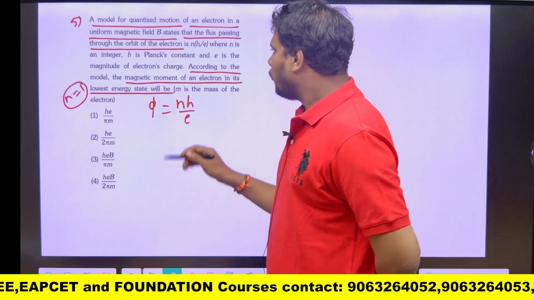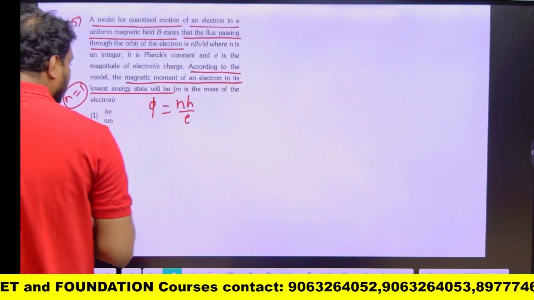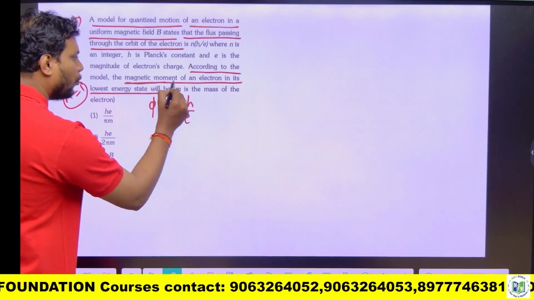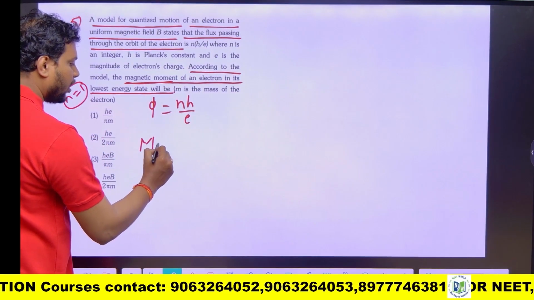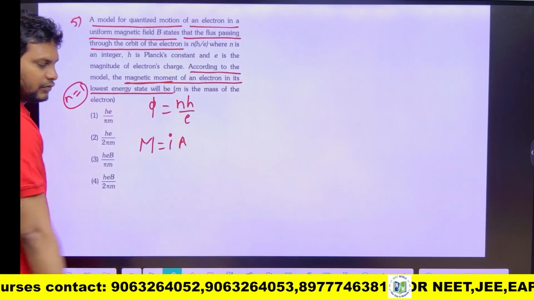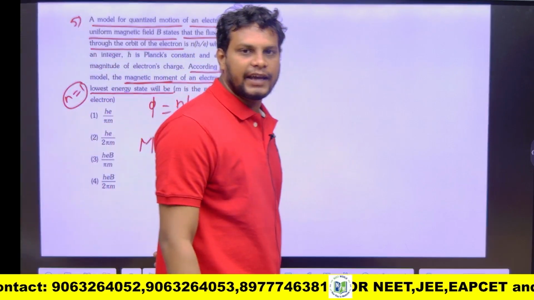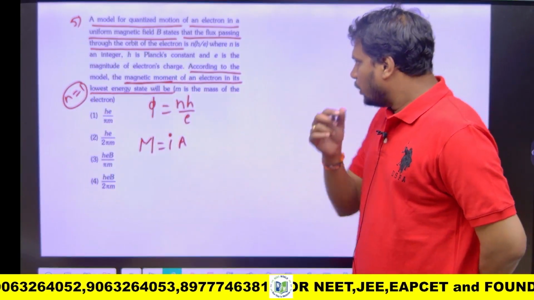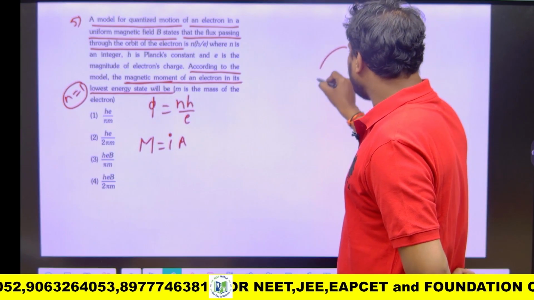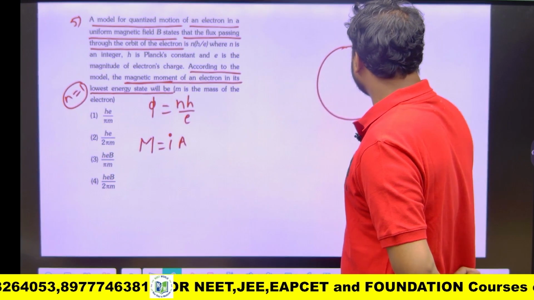Now, how to solve this problem? We have the formula for magnetic moment: M is equal to I into A, where I is the current and A is the area. Here the electron is revolving in a circular path in the external magnetic field.